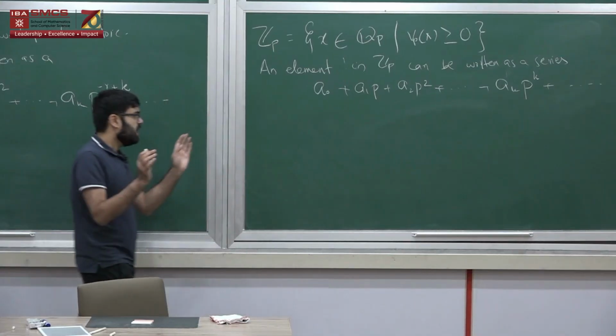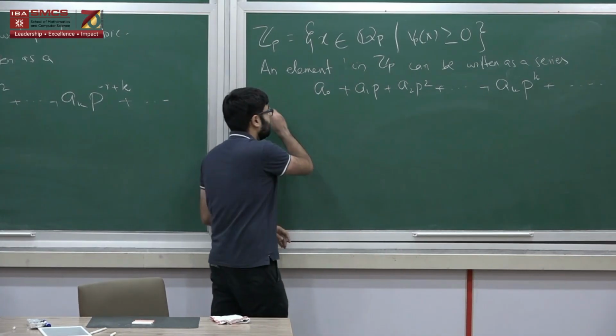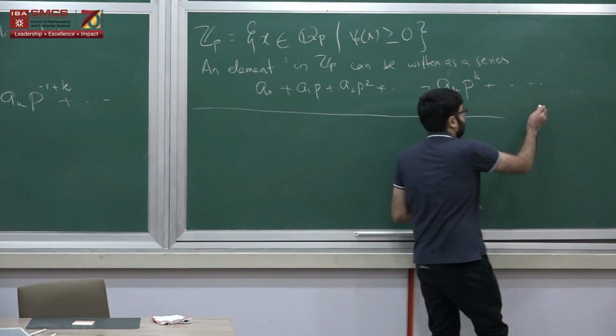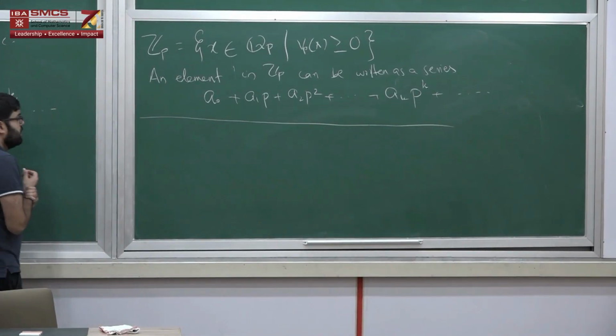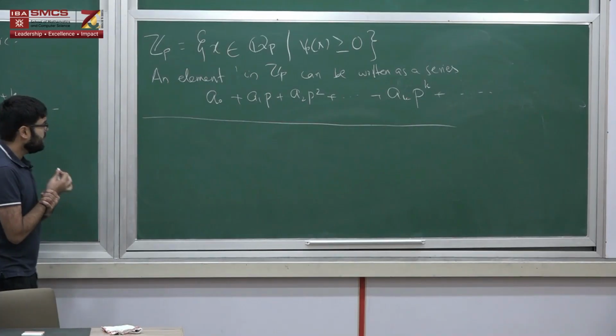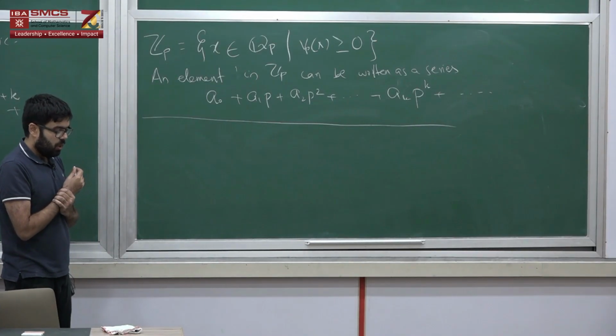So, we can step back. Last time we defined what it means to be a ring. I will not write the definition here, but let me give you another example of a ring.